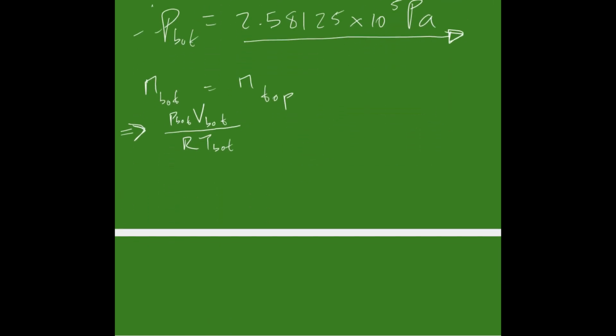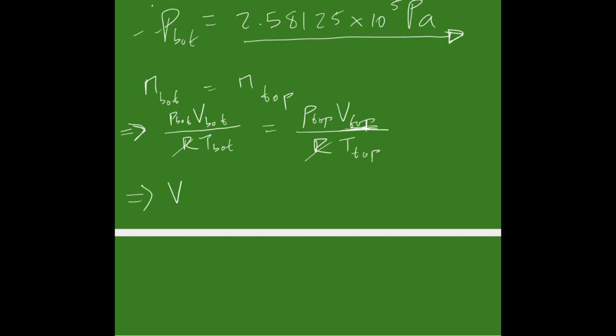And this is equal to pressure at the top, volume at the top, over the gas constant and temperature at the top. So I didn't even give the value of the gas constant because it will just cancel out. And we want the volume at the top. So that's what we want. So let's make that the subject of the formula.